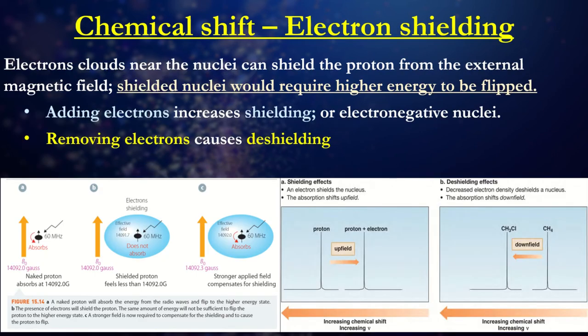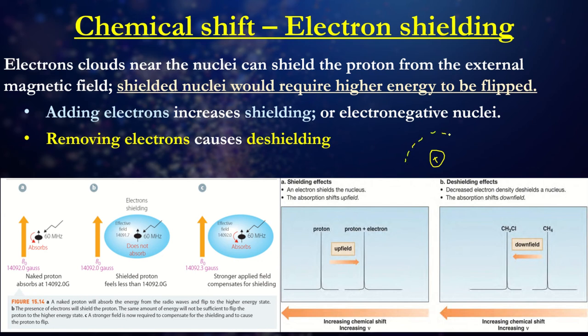One of the things that can affect our measurements is obviously chemical shift. Now, one of the examples is called electron shielding. Now we know that inside the atom we have our proton, and obviously that's the thing that will absorb the radiation and it's going to shift.